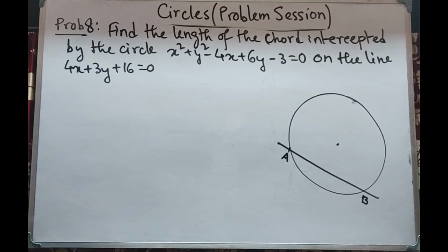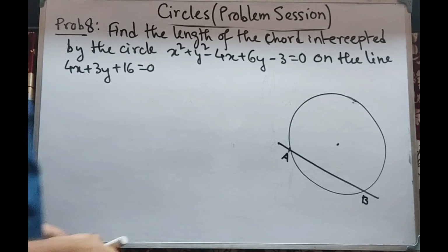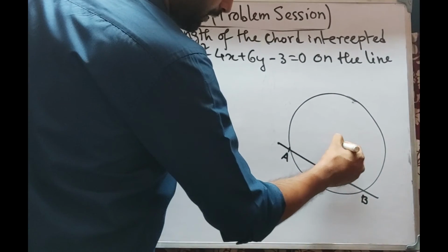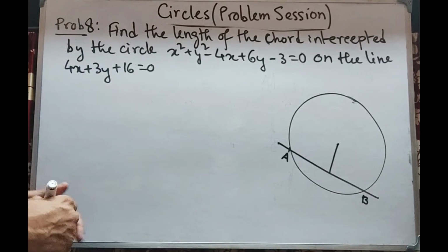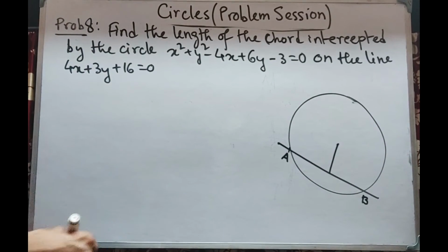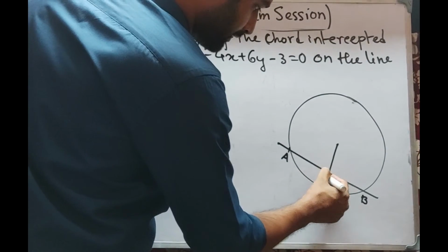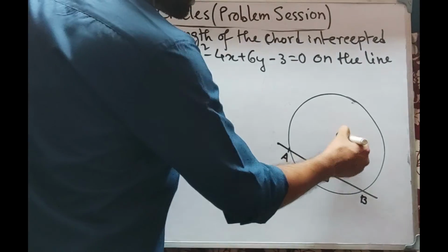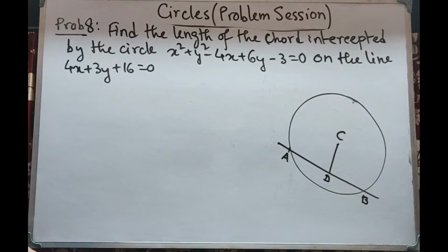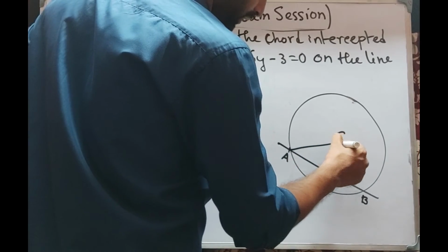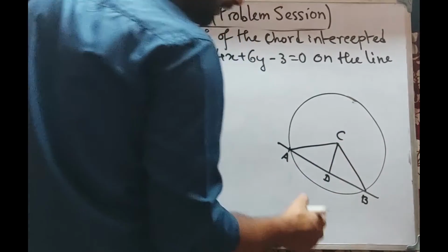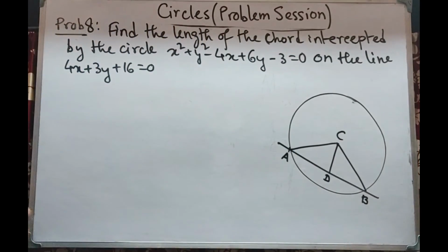So one theorem we know is that whenever we draw a perpendicular on a chord from the center, it intersects the chord at the midpoint. So let us take the midpoint as D and the center as C. If you join the points A and C, or B and C, both AC and BC are the radius of the circle.